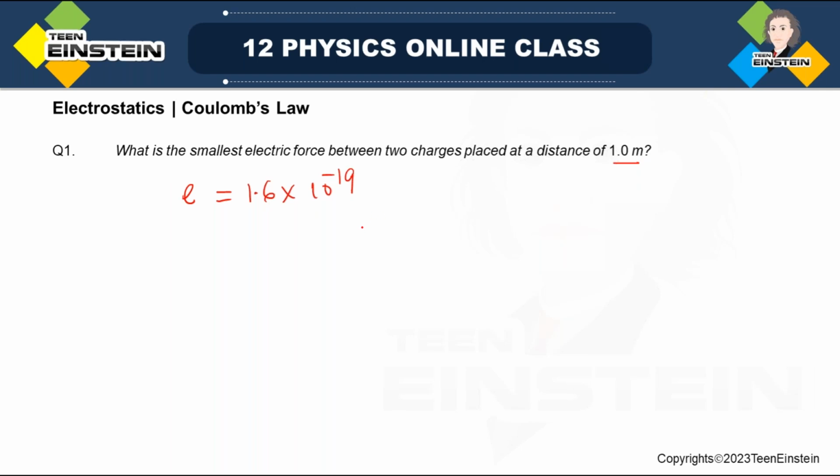Like in case of light, you have a light quantum, and each quantum has energy h nu. Similarly here, the charge quantum is there, and the unit of that quantum is 1.6 into 10 to the power minus 19 coulomb. Okay, this is the fundamental charge. So for the smallest electric force, we have to find the electric force between these two. It is very, very simple, nothing much.